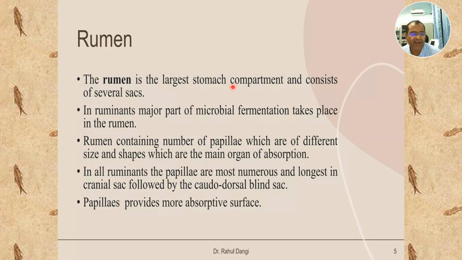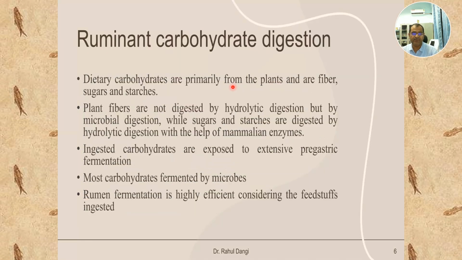It's a very big vat containing saliva and a number of papillae of different sizes and shapes, which are the main organ of absorption. In all ruminants, the papillae are most numerous and longest in the cranial sac, followed by the caudodorsal blind sac, and the papillae provide most of the absorptive surface.